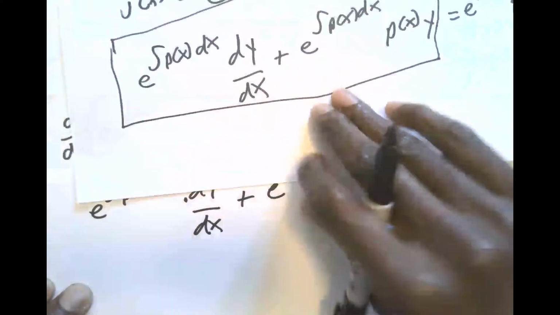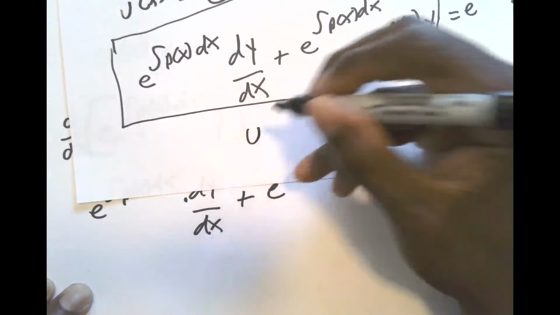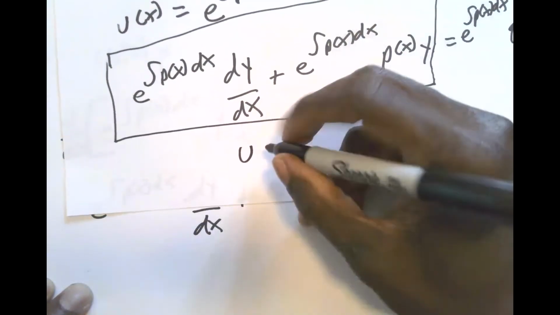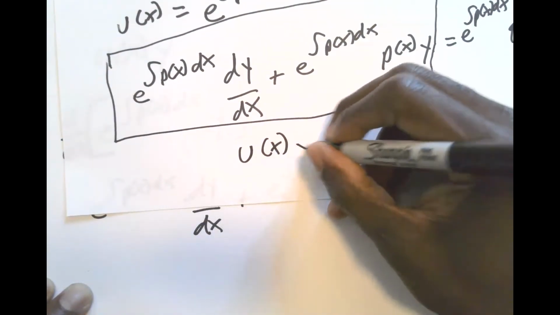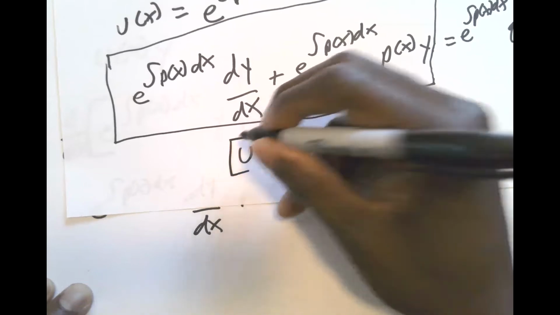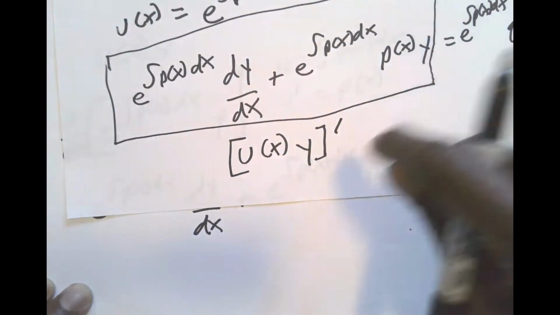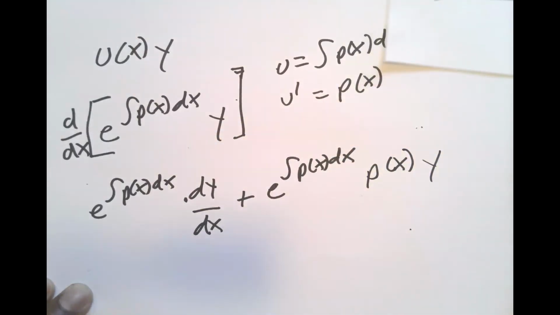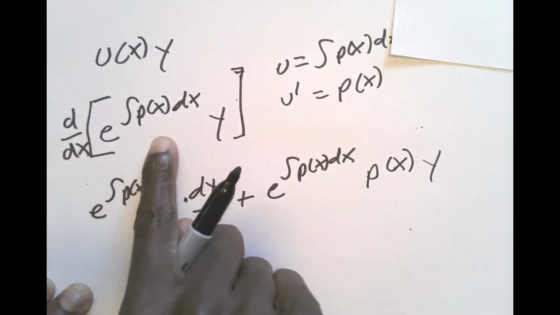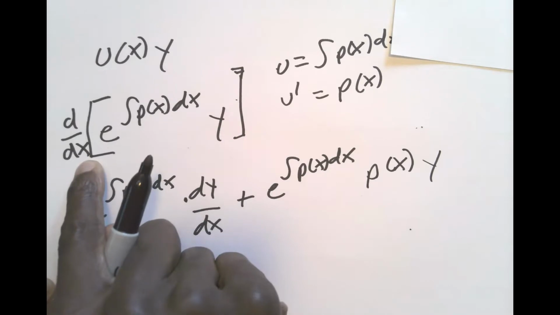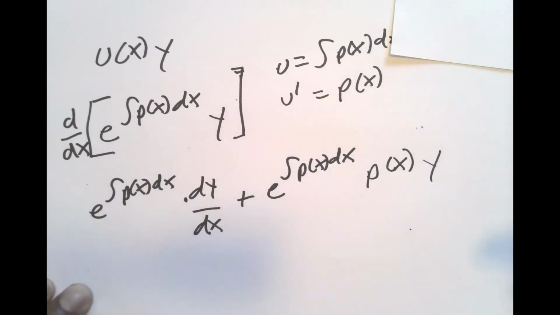So this expression here is u of x, our integrating factor, times y prime, if you will, because we get this by taking the derivative of u of x times y with respect to x. Now, why is that important to point out?